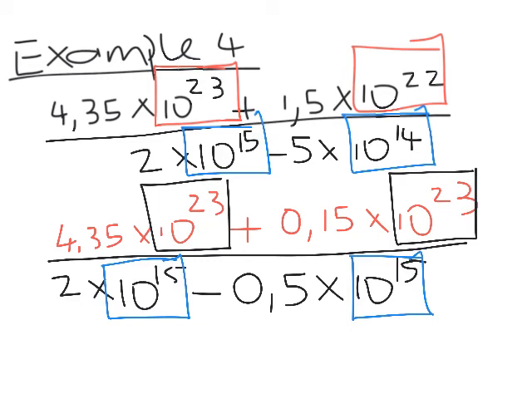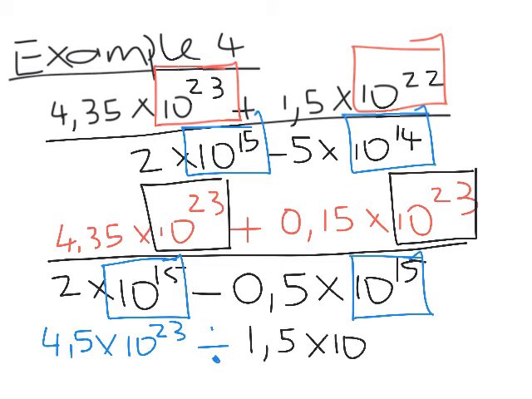So on top, I'm going to have 4.5 times 10 to the 23. And then it's going to be divided by, in the denominator, 1.5 times 10 to the 15.